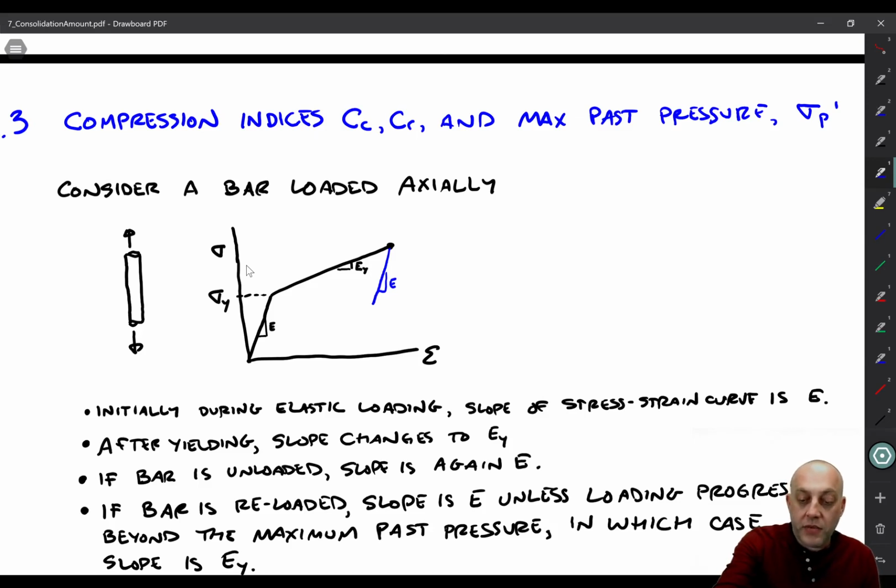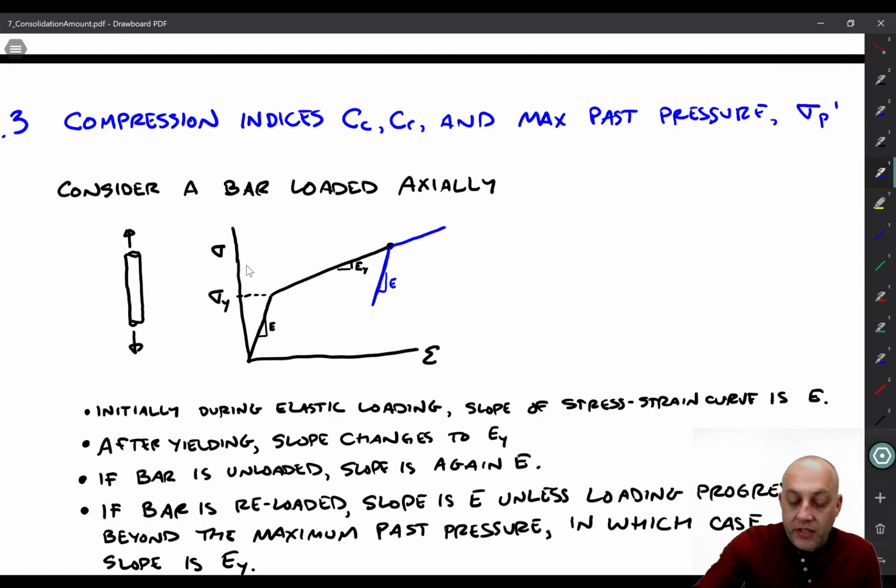Then let's say that we were to reload. We come down to some point and go back up. It will go along the slope E again until it reaches the maximum stress that was imposed on it before we started unloading it. Then it will turn this corner and again start going along the E sub Y line.